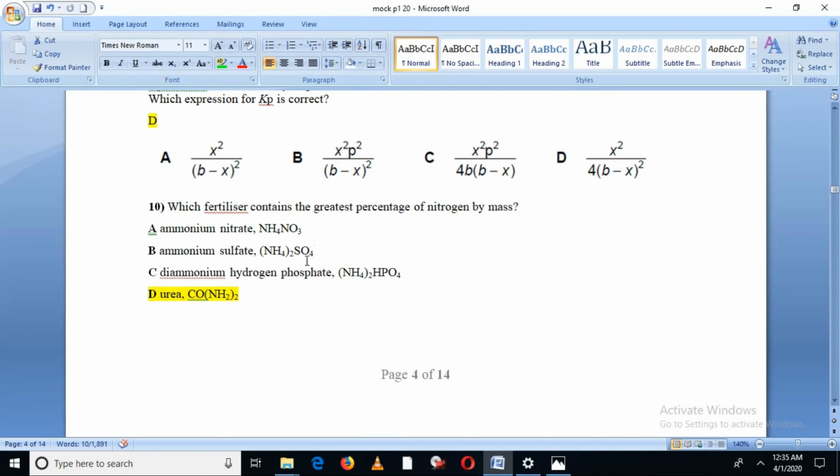And here the maximum percentage of nitrogen was found in urea, that was 46.67%.